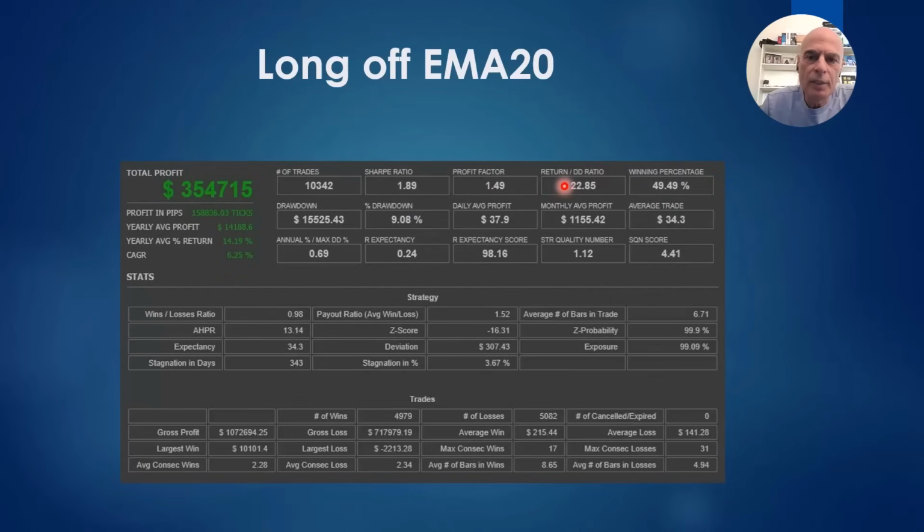About half the trades are losses and half the trades are gainers. Also, the compounded annual growth rate is 6.25%. I also like the fact that the stagnation period is fairly small.